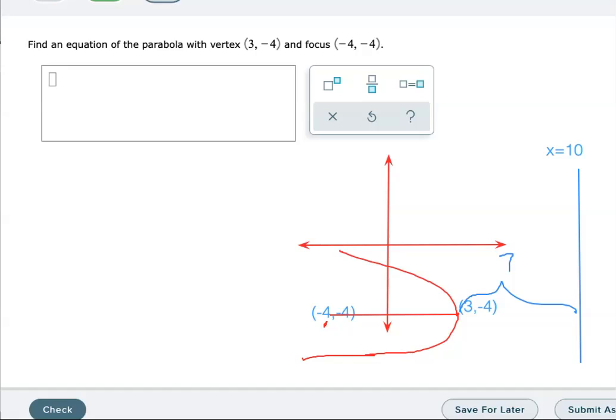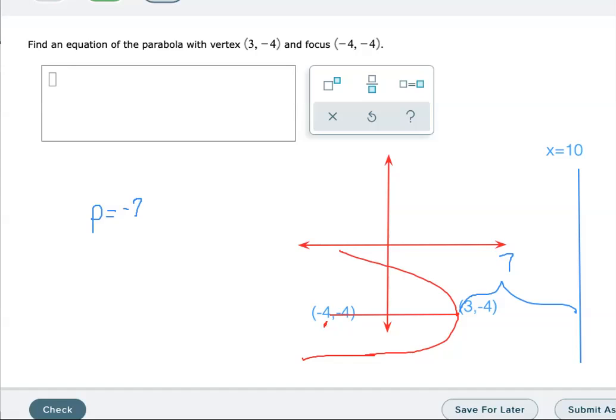All right, so once we know that p is going to equal -7, and that's the distance from the focus to the vertex. If you take -4 minus 3, you get that -7. So p is -7. We also know that it's a horizontal parabola.